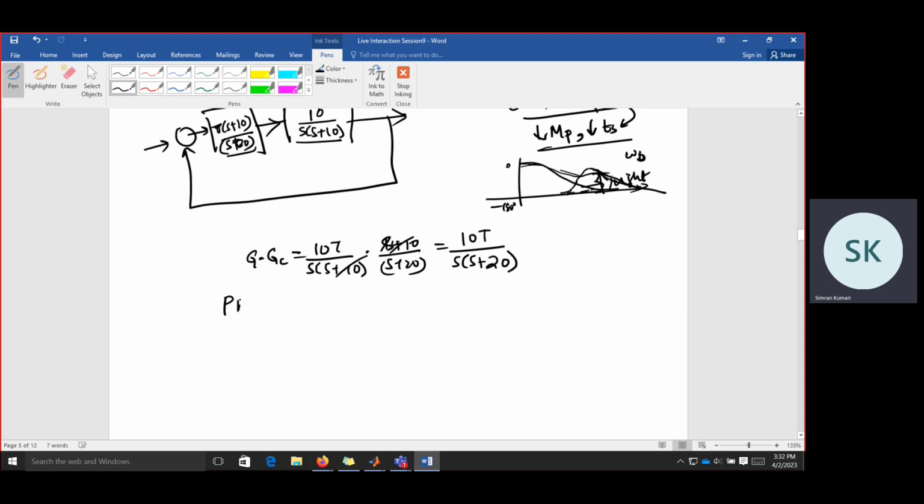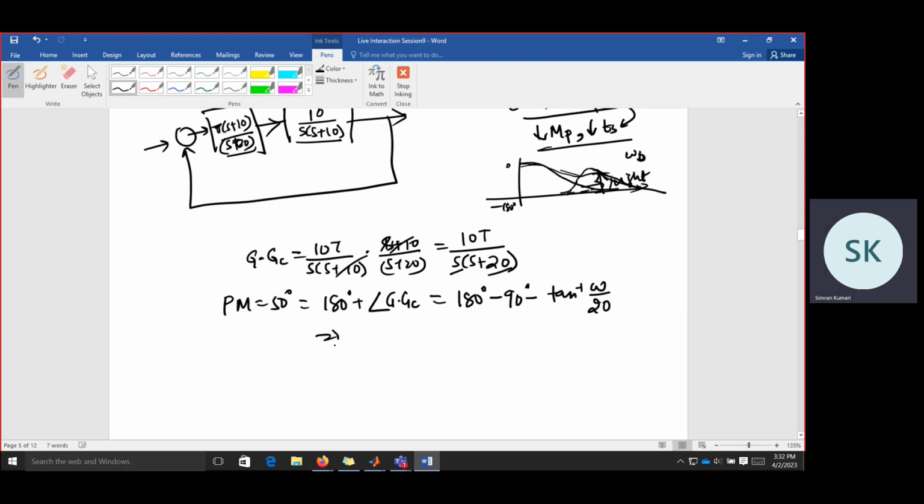Now the phase margin is 50 degrees. So we have 180 degrees plus the angle contributed by GGC equal to 50 degrees. This would be 180 degrees minus 90 minus tan inverse of omega by 20, because of this and this one.